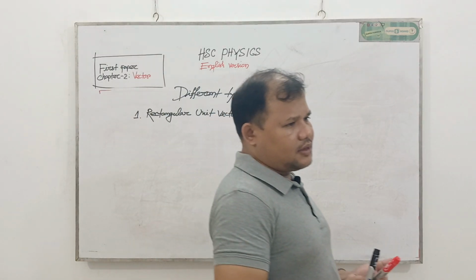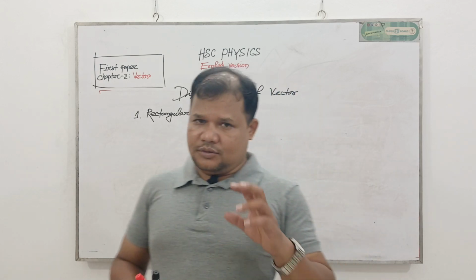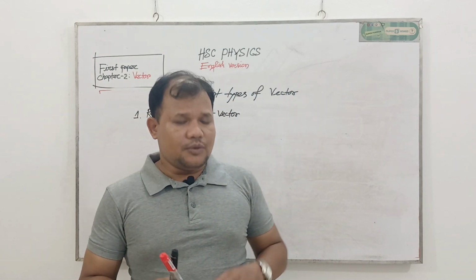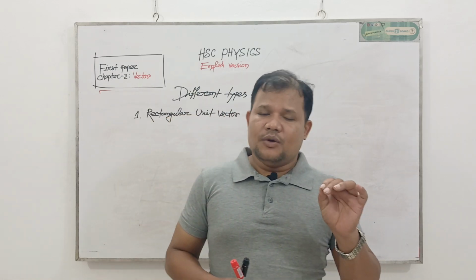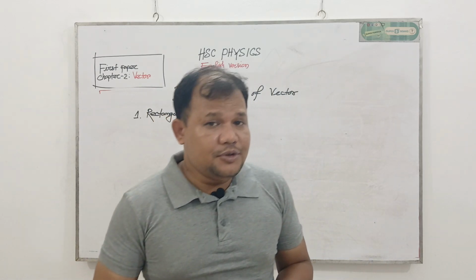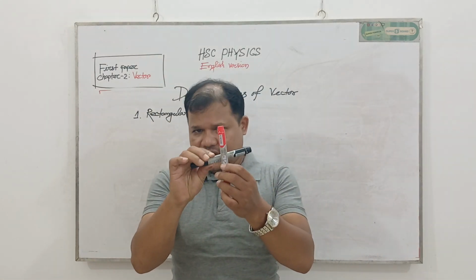In our Cartesian coordinate system, we use 2 axes or 3 axes. If we use 1 axis, then it will be a 1D reference frame, and if we use 2 axes, then the 2 axes will be perpendicular to each other.